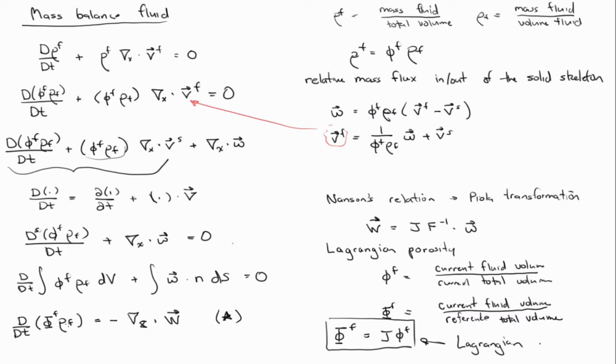So we're going to first look at the left-hand side of star. So the left-hand side of star, if we use the chain rule, I'm going to use this superscripted dot notation and the material time derivative interchangeably.